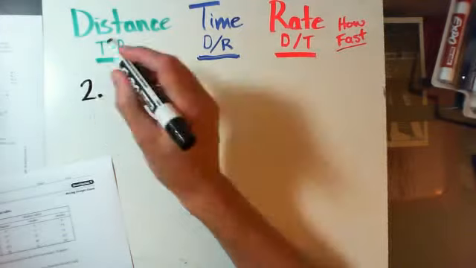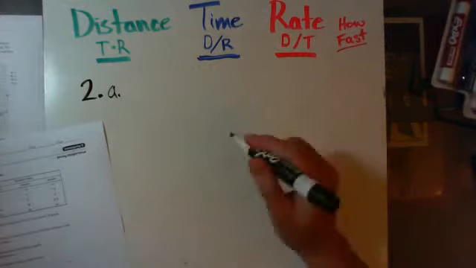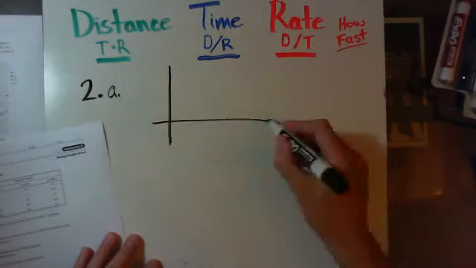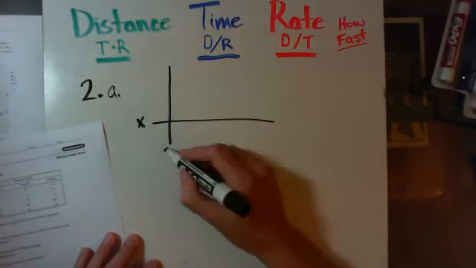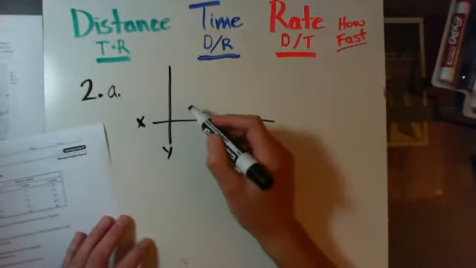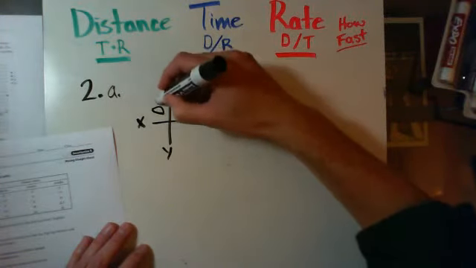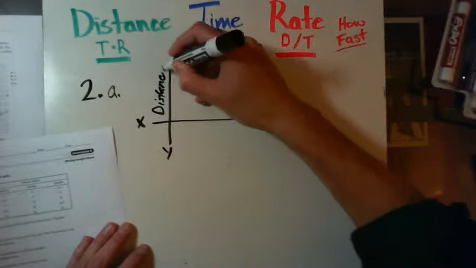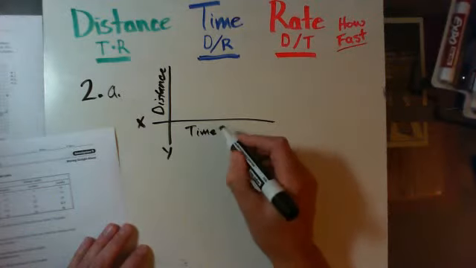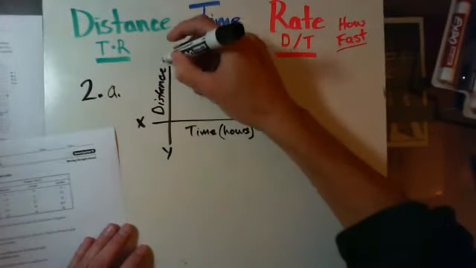Okay, for problem 2A, it asks you to graph the distance of all 3 people on the same coordinate axis. And what they're asking you to do is, if you've got an x, y axis, you would graph the distance, say on the y-axis, distance, and the time down here in hours, and this is in miles.